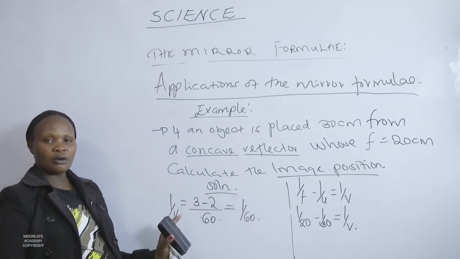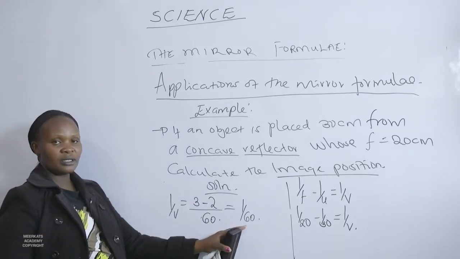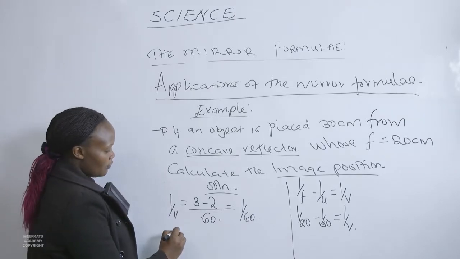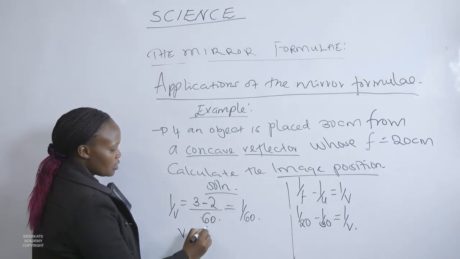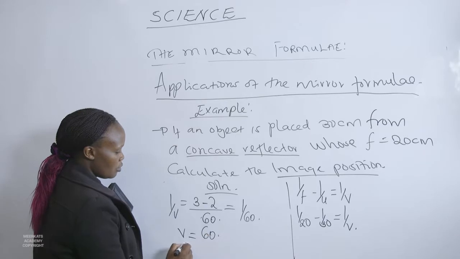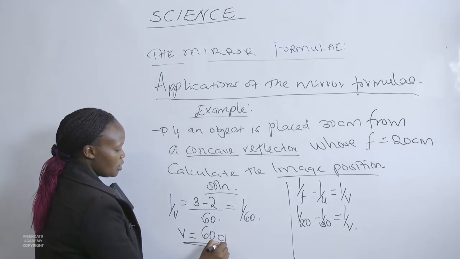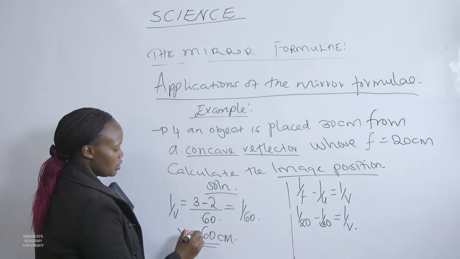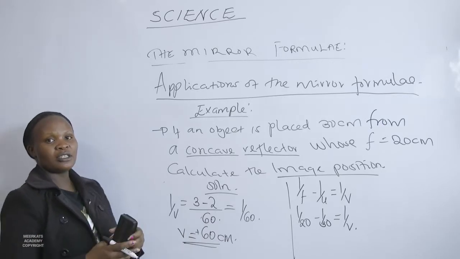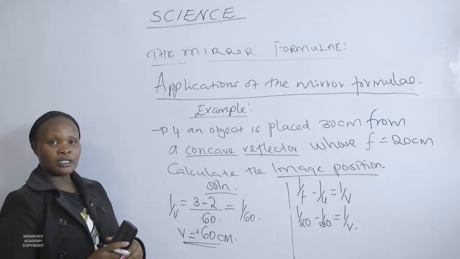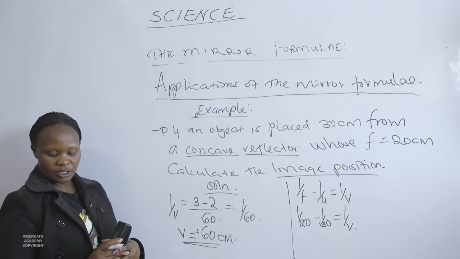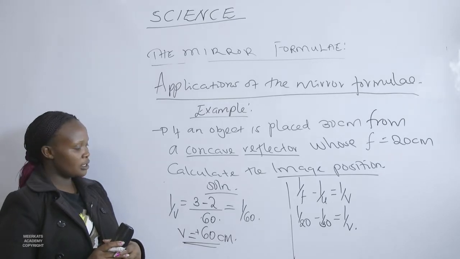Now, if 1 over V is 1 over 60, then V becomes the reciprocal, which is going to be 60 centimeters. In this case, positive 60 centimeters.